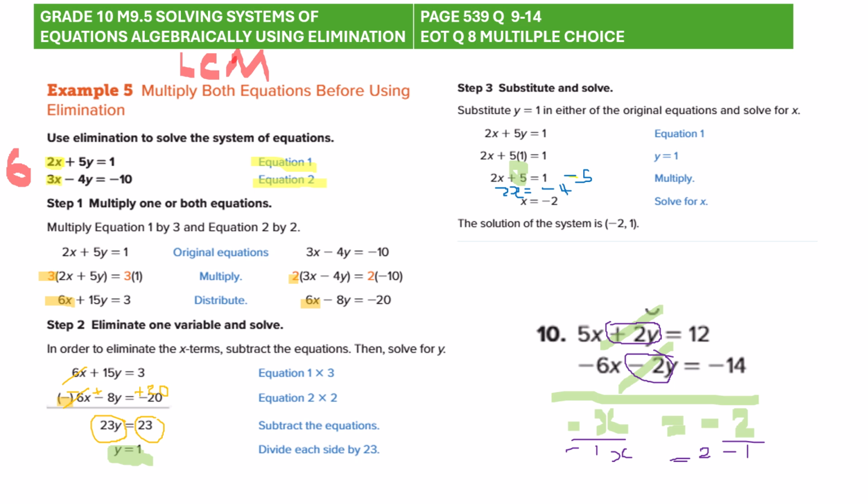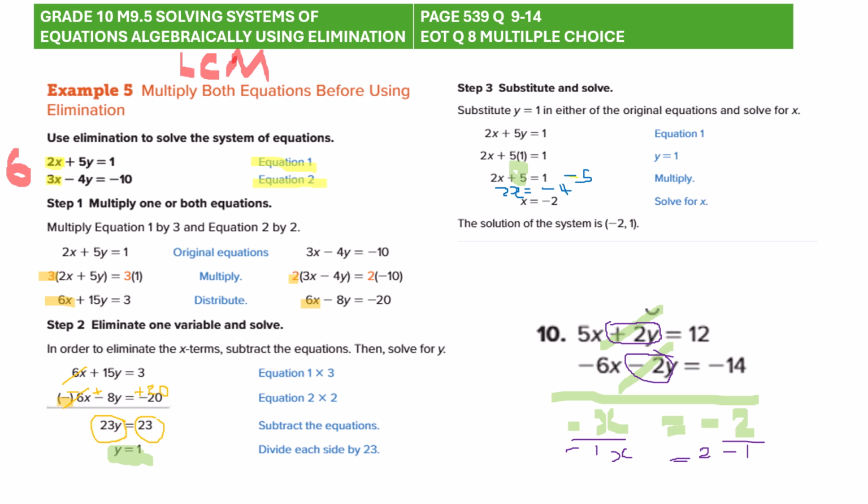And we know in order to solve, we have to substitute into the equation, and our resultant will be 2x plus 5 multiplied by 1 is equal to 1. 2x plus 5 is equal to negative 1, taking us to 2x is equal to positive 1 minus 5, giving us 2x is equal to negative 4.